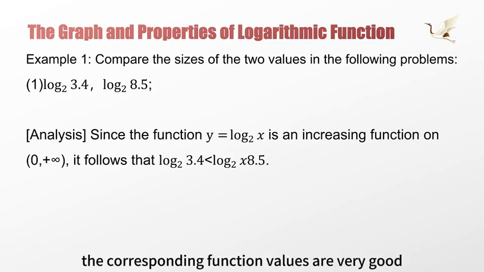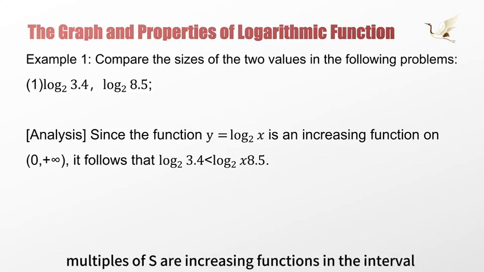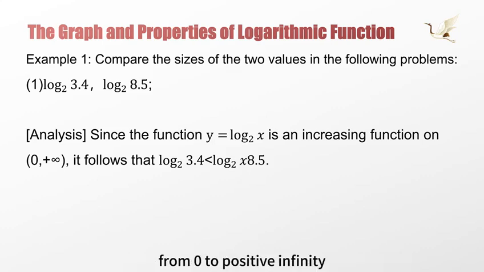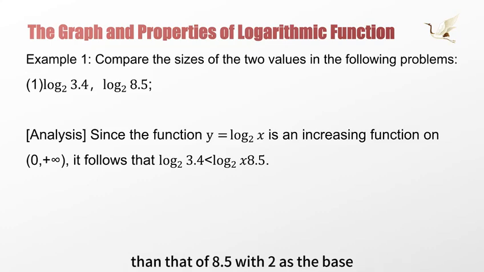Because the function y equals log base 2 of x is an increasing function in the interval from 0 to positive infinity, 3.4 and 8.5 can be seen as two different values of the variable. 3.4 is less than 8.5, so the logarithm of 3.4 with 2 as the base is smaller than that of 8.5 with 2 as the base.